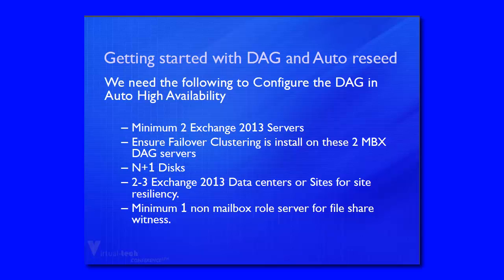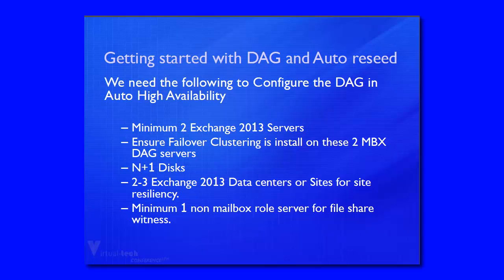Yes, like I said, we need at least 3 data centers or sites for site resiliency. At this point, we are still trying to identify if we can use Microsoft Azure, which is kind of an online data center for us if you adopt the services. We are still trying to find out whether we can have the FSW stored there, or something similar, just a small space on any ISP site with a VPN, so you don't need to have a data center for just the FSW.